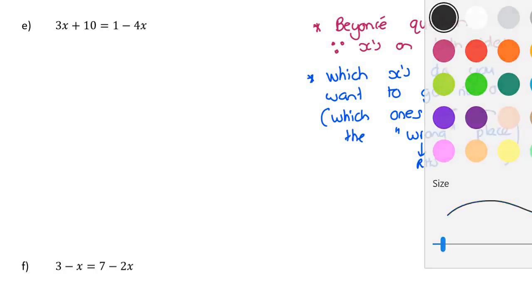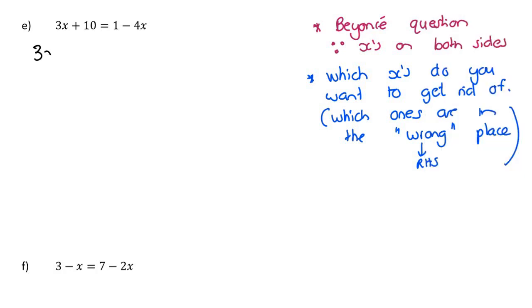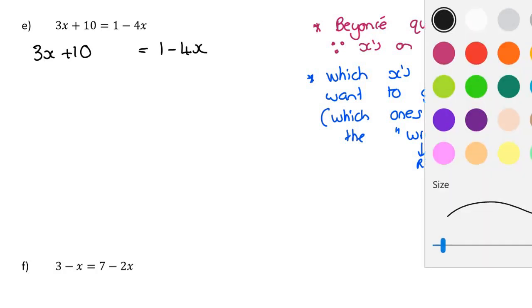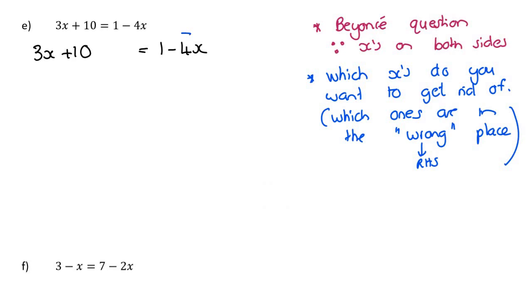So if I write out this question, leaving some spaces for me to work, 3x plus 10 equals 1 minus 4x. If I color coordinate this, my blue step is I'm saying these are incorrect. I don't want them there. So now I say to myself, how do I get rid of subtracting 4x?